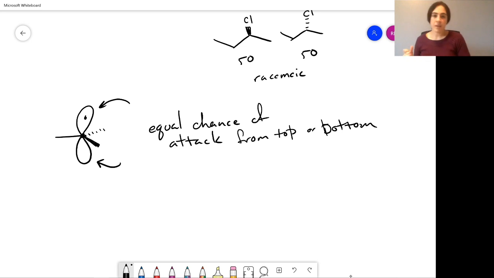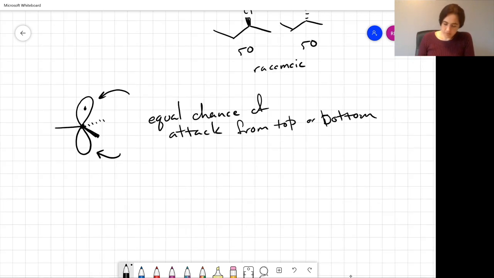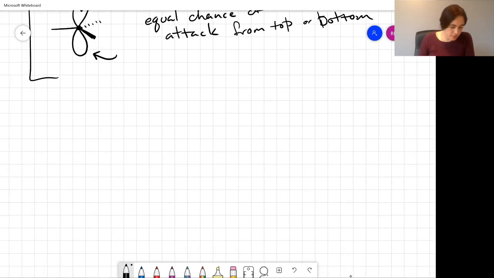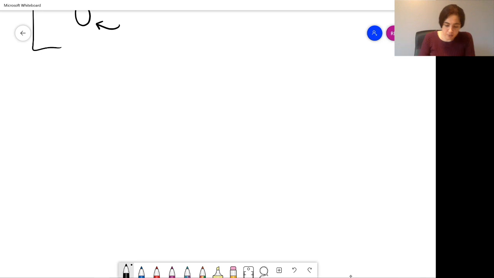So we will have an equal chance of attack from the top or from the bottom, which is what gives us the racemic mixture. So keep this in mind because this is key for radical reaction. So let's just look at a couple of examples of this.